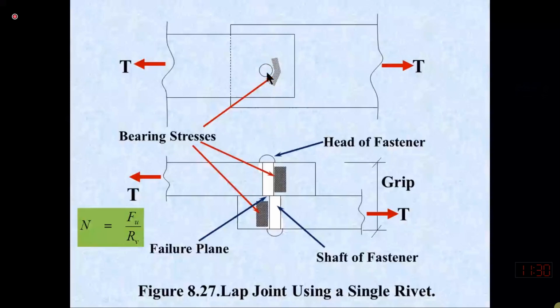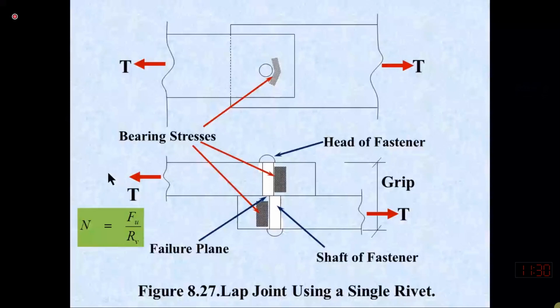So bearing stresses are acting in one plate. Similarly, due to the tensile force here, bearing stresses are acting on the opposite side. If this force is compressive, then the bearing stresses might be acting on this side. The area under direct bearing has a thickness equal to the diameter and the length equal to the length of the plate.